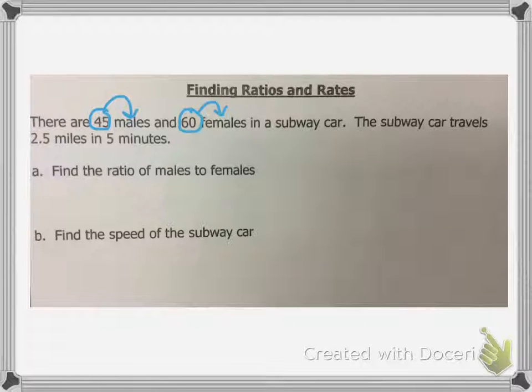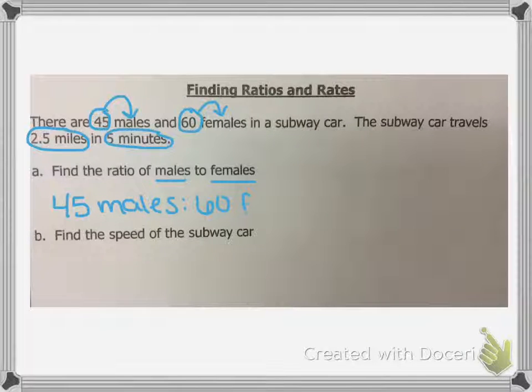And the subway car travels 2.5 miles in 5 minutes. So it says find the ratio of males to females. This is really important because it said males first, then females. So there are 45 males to 60 females.